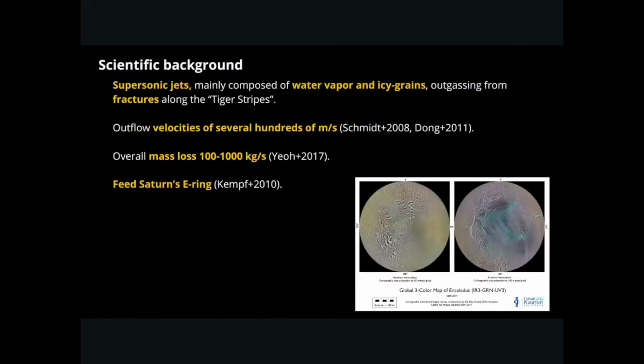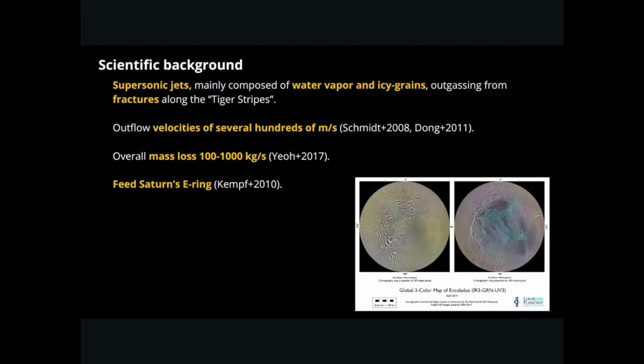I mentioned the Cassini mission because we know from it that we have supersonic jets of gas from several fractures along the tiger stripes, that are those more or less straight lines in the south pole of Enceladus. And these jets are mainly composed of water vapor and icy grains, but also organic components. And this is what makes them really interesting.